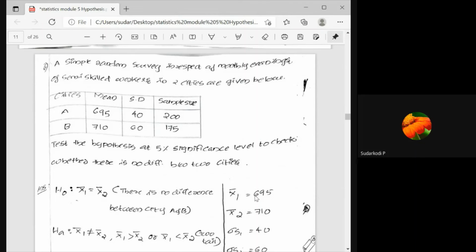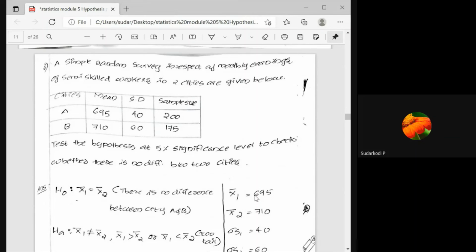But when there are two populations and two samples, the null hypothesis you are going to frame is that the samples drawn from both the populations are similar. That's what you are going to find. There is no difference between city A and city B.